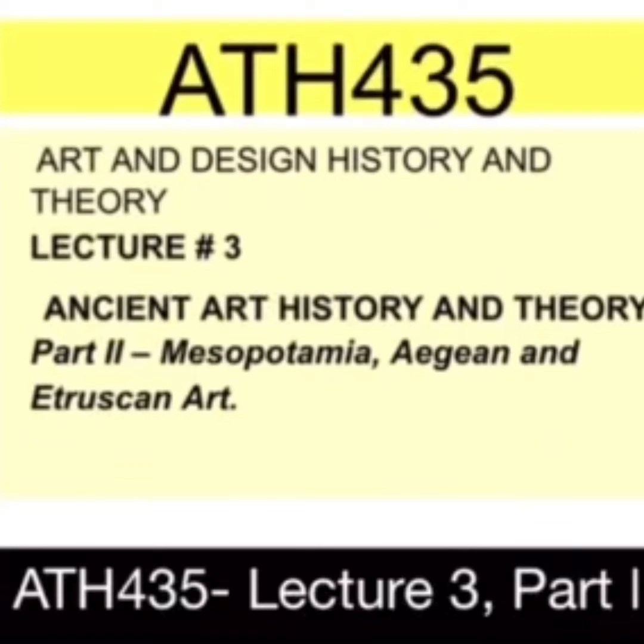Now we move to Aegean art. The location of Aegean art is now in Greece, but this area was what we call the area of the Aegean Sea, Laut Aegean, and the mainland Greece, dan tanah besar Greece.